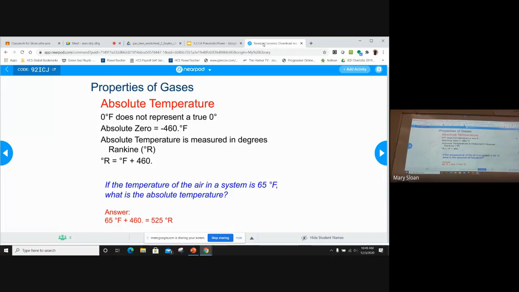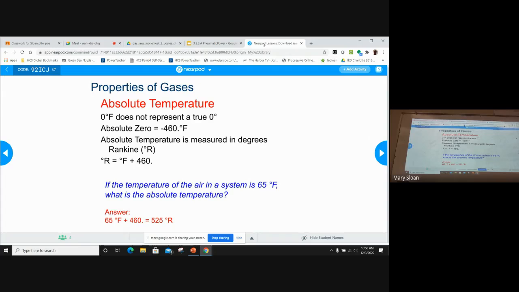So when we're talking about absolute temperature, 0 Fahrenheit does not represent a true 0 degrees. Absolute 0 is negative 460 Fahrenheit. Please write that down. Absolute 0 temperature is measured in degrees called Rankins.